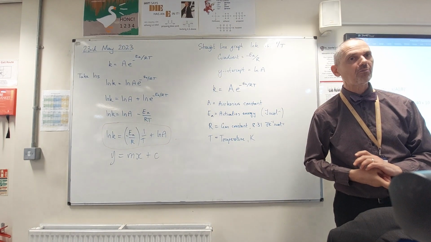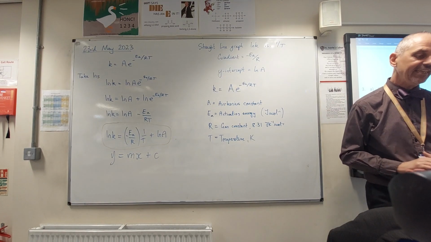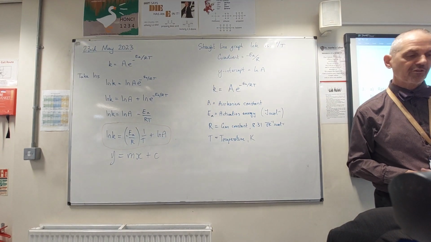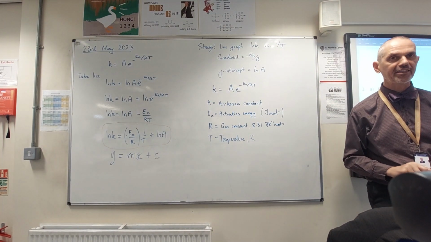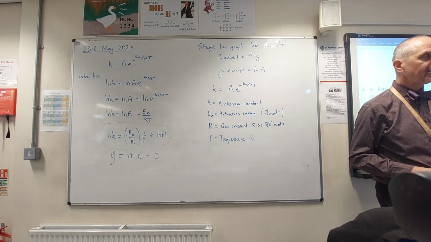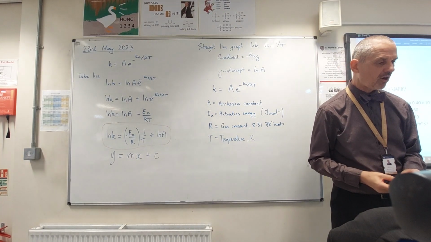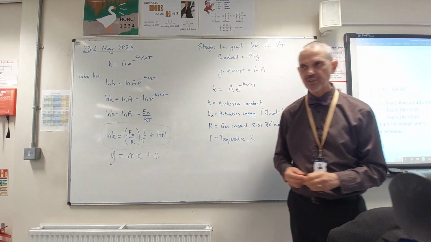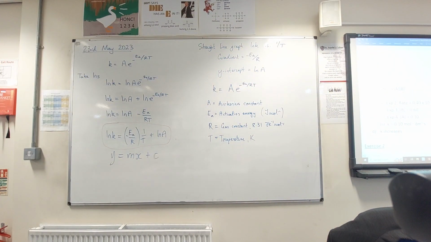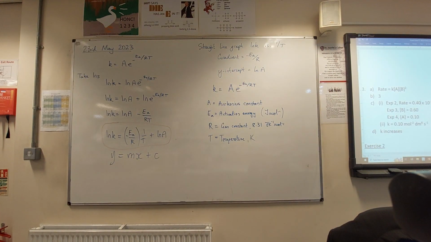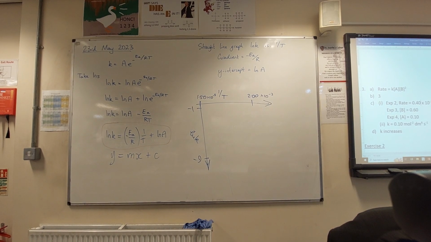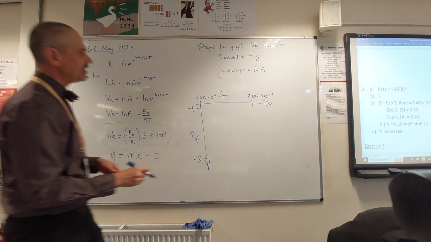So your first job is to work out 1 over T and log k for each of those temperatures and k values. When you've done that, we're going to plot a graph. But just work out the data first, and then I'll explain a bit about the graph in a moment. Okay, so here's our graph.